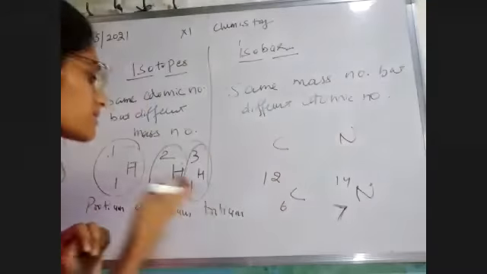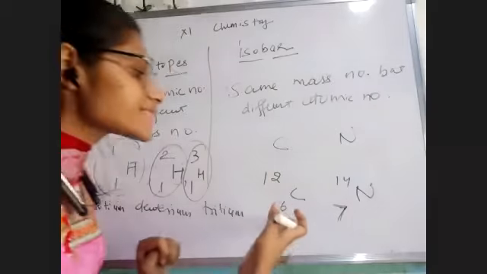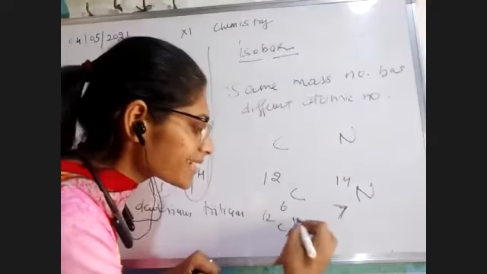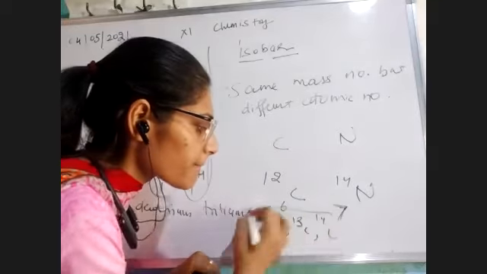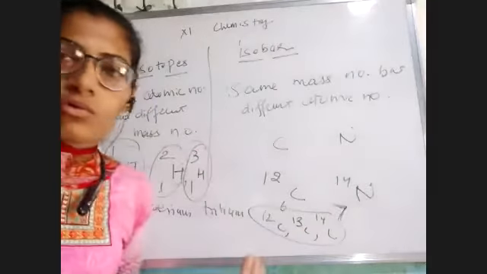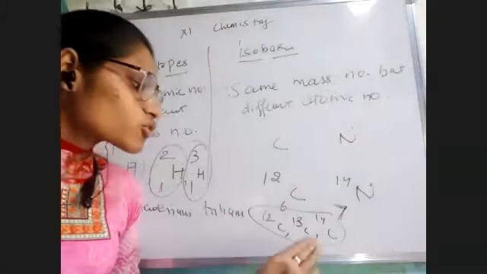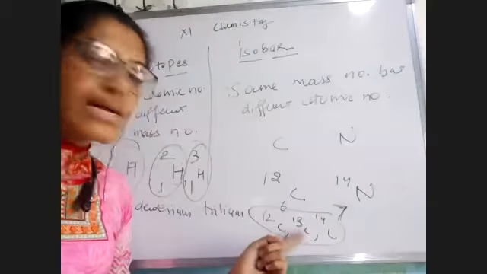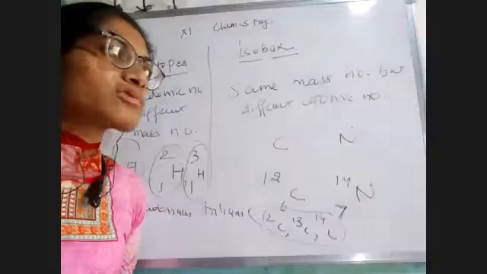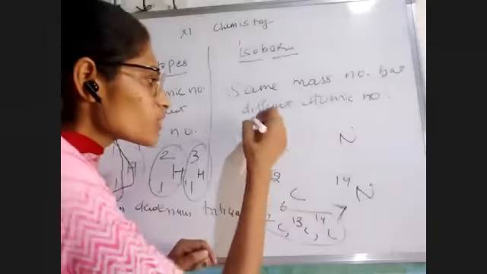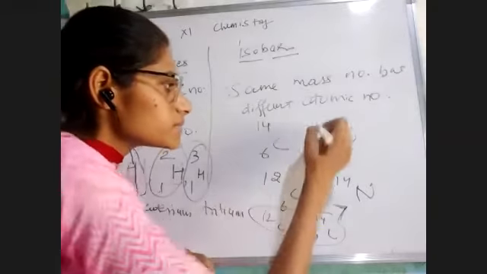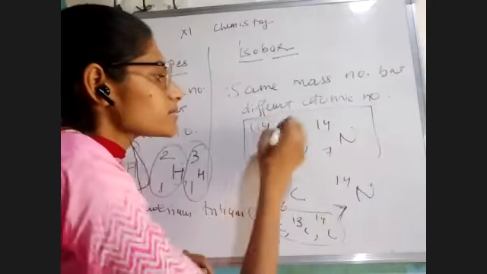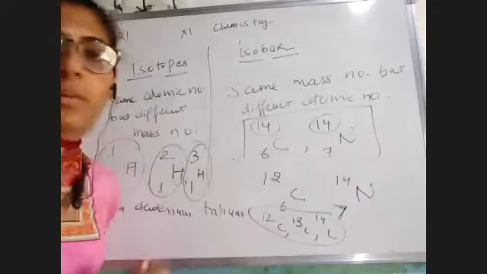But as hydrogen has isotopes, carbon also has isotopes: 12 carbon, 13 carbon, 14 carbon, and so on, almost 40, not more than 40. These isotopes are rare, quite obviously. And most importantly, 13 carbon is so important; you will study this in your higher classes. So let me take 14 carbon and 14 nitrogen. These are known as isobars. Same mass number but different atomic number.